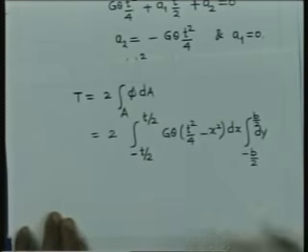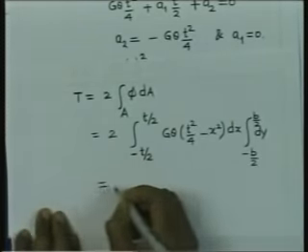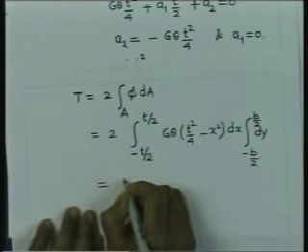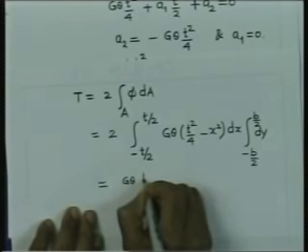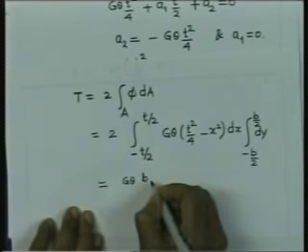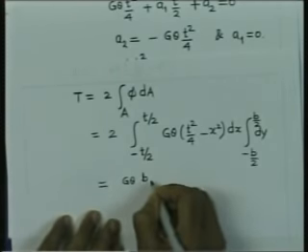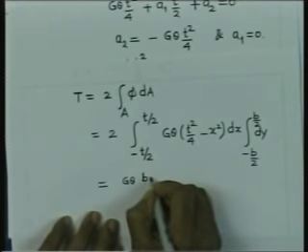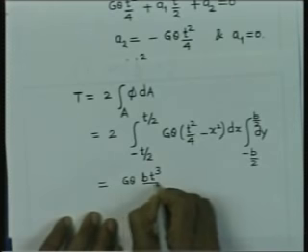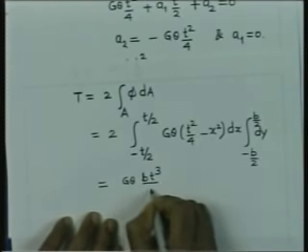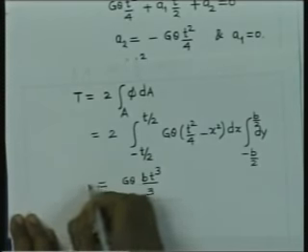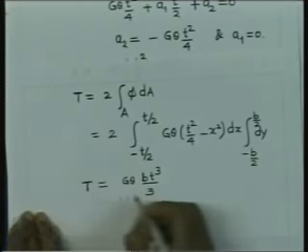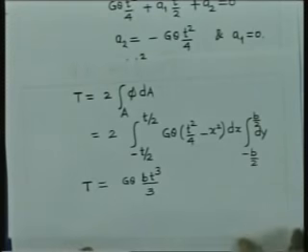Once you do this, it simplifies to the form g theta b t cube by 3, that is T equal to g theta b t cube by 3.